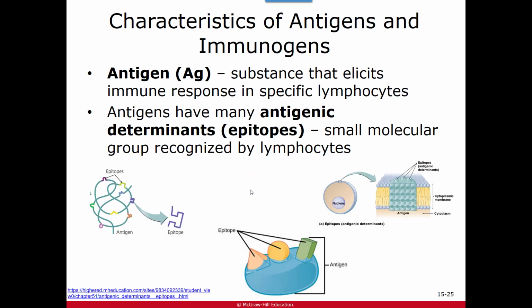Now, again, all of these receptors, whether it's a B cell or a T cell, are looking for antigens. Antigens are any foreign substances that elicit some type of immune system response. But antigens can have a lot of different parts to them.